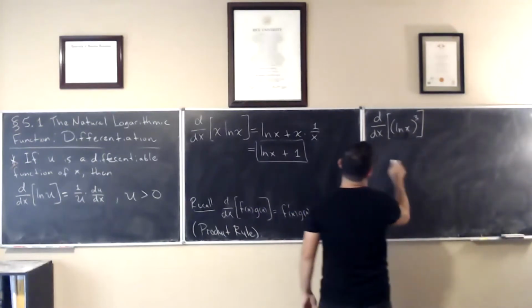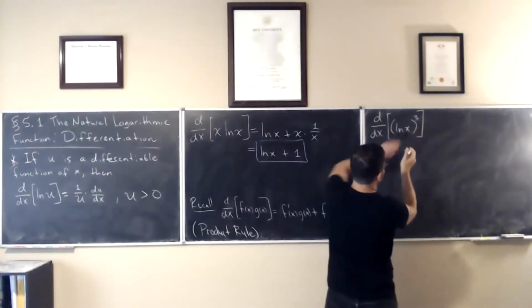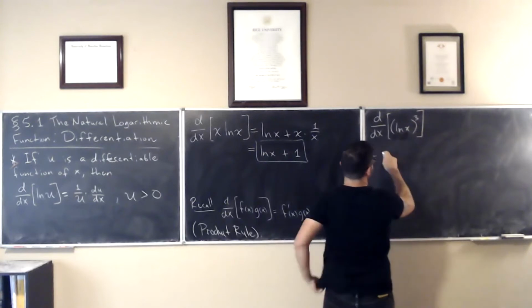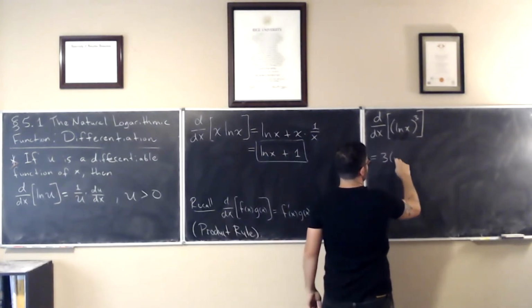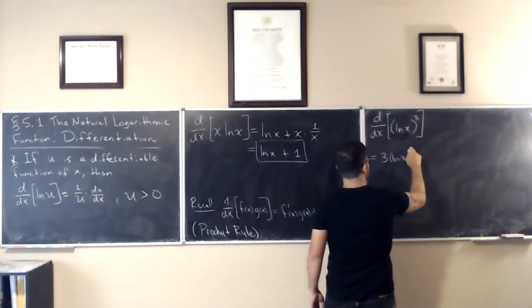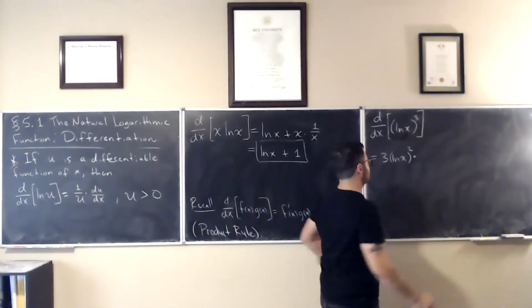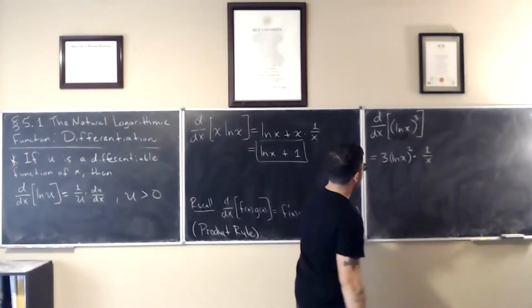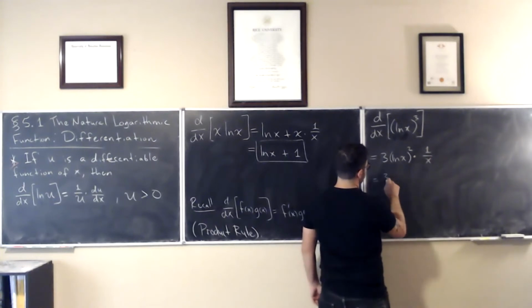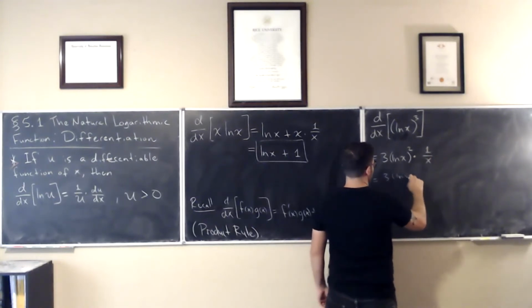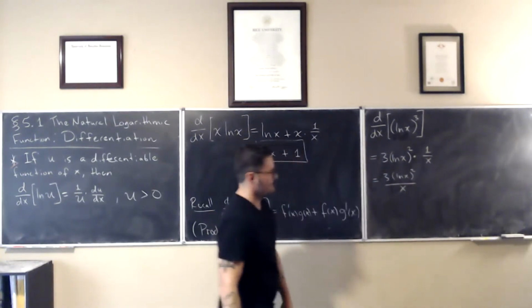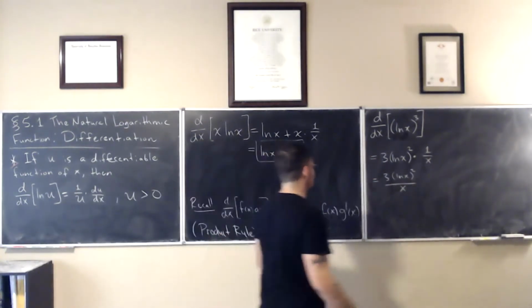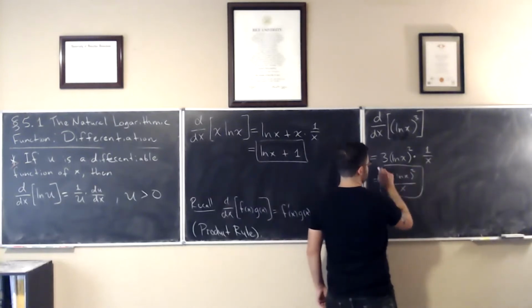So this will be the derivative of the outside function, which is 3 natural log of x all squared, times the derivative of the inside, which is 1 over x. So altogether, 3 natural log of x squared over x. Okay, so that would be the answer there.